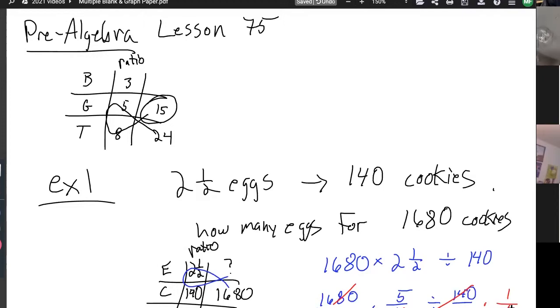I'm going to copy dot flop that. So this 2 and the 1680 becomes 840. And then I can do this here too. What goes into both 140 and 840? Well, 140 I think goes into 840 6 times. Yeah, so 1 and 6.